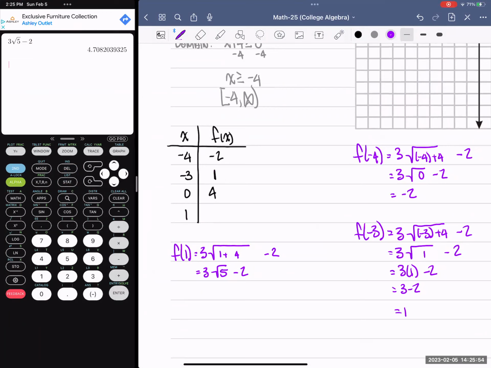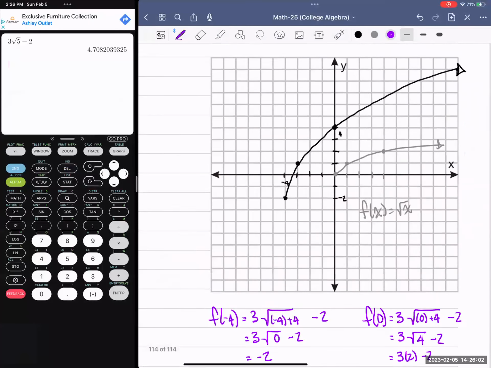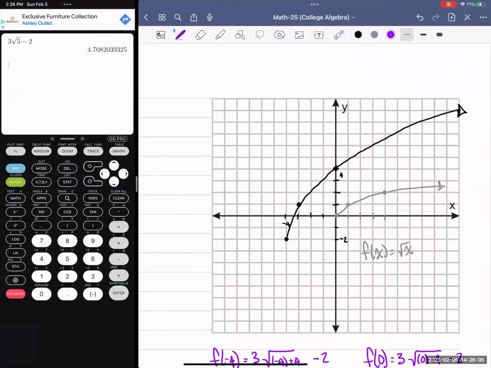And there we go. We have approximately 4.7. So 4.7 coming over here. If this is 4, this is 5. 4.7 is going to be about here-ish, and that's exactly what we ended up with over here. So we input 1 and our output was approximately 4.7.